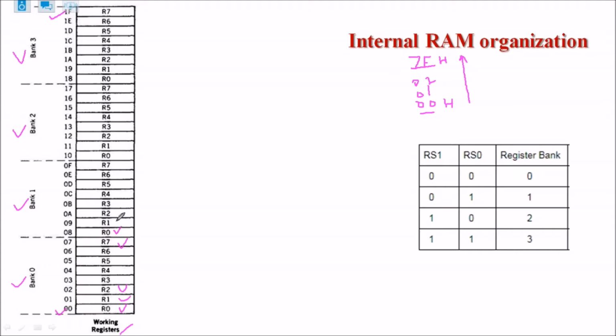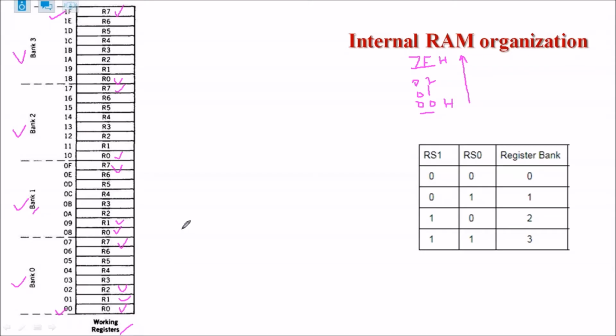Similarly, R0 to R7 are the registers of bank 1, and the same names are given for bank 2 and bank 3. So the names of registers are the same, R0 to R7. Each bank has 8 registers.